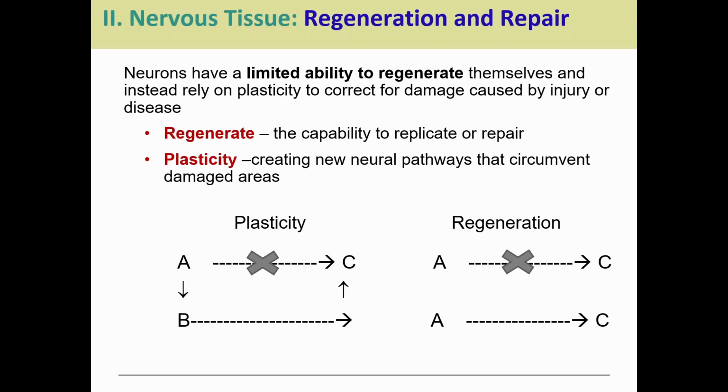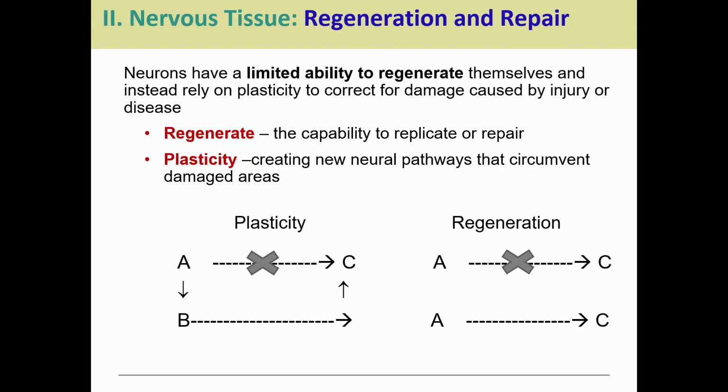A neuron is damaged, so we can either fix it or we get rid of that neuron and we replace it by dividing a neuron nearby. Plasticity is where rather than replicate or repair the cells, we're just going to create a new neural pathway that goes around the damage. All right, that's the difference between those two.